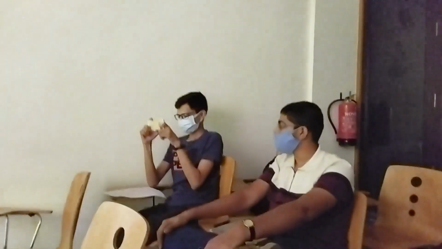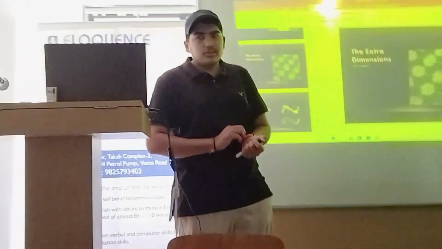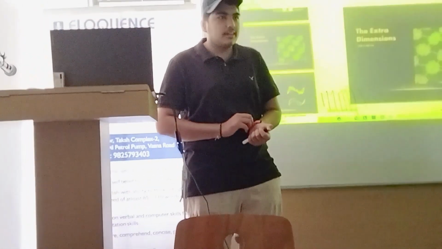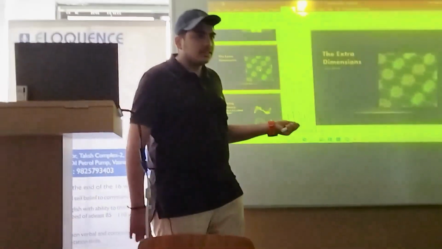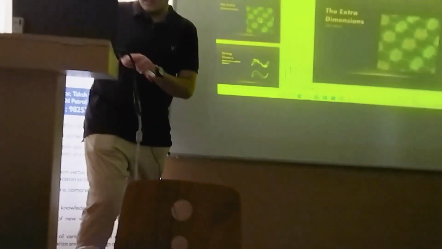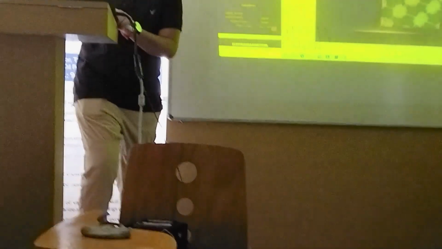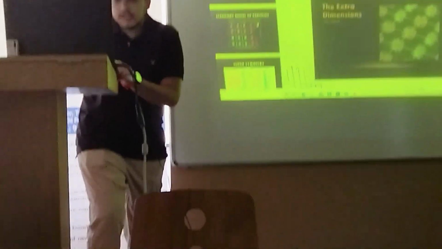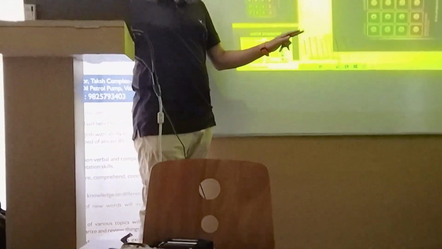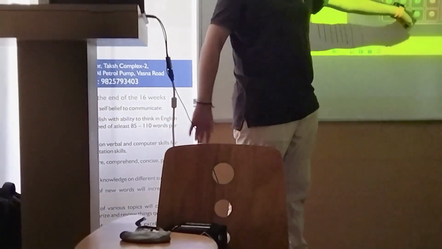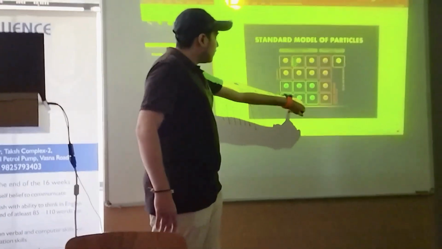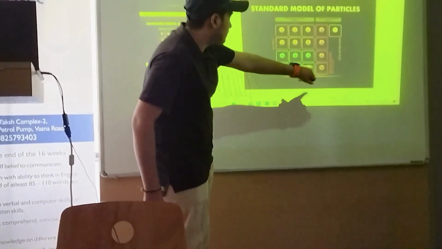A question. Why hasn't string theory been able to explain dark energy even though it constitutes 94% of the known universe? Yeah, so everyone knows there is dark energy, but according to string theory, when I talk about extra dimensions and the standard model particles, this is the standard model of particles. It's about everything in matter, from quarks to leptons to Higgs bosons and all the forces.